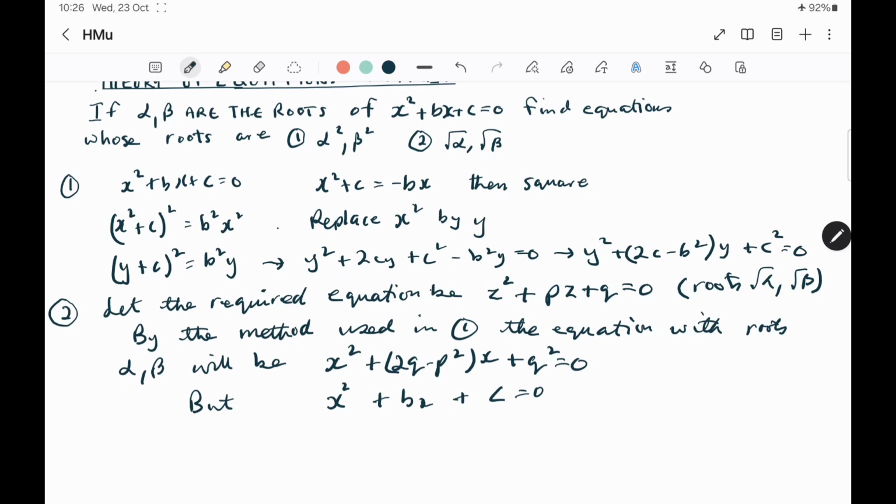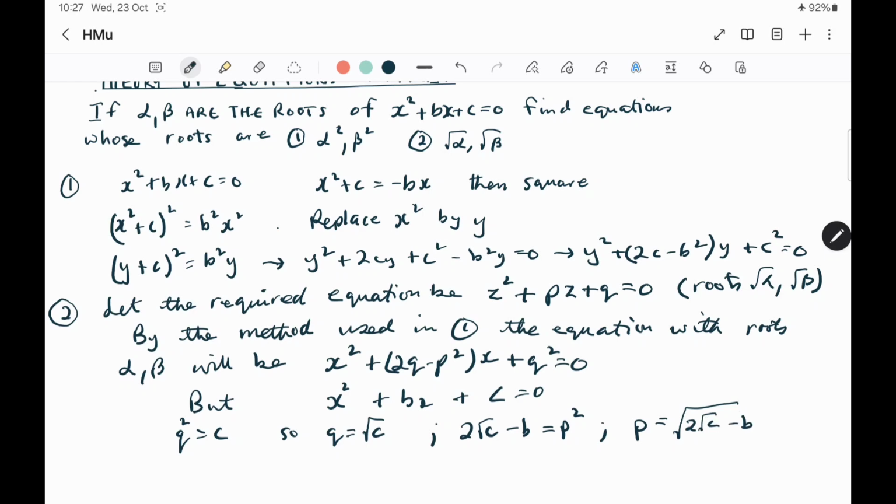And so, comparing the coefficients, what we will get is q squared equals c, and so q equals square root of c. And we also get 2 square root c minus b equals p squared, and so p will equal the square root of 2 square root c minus b.